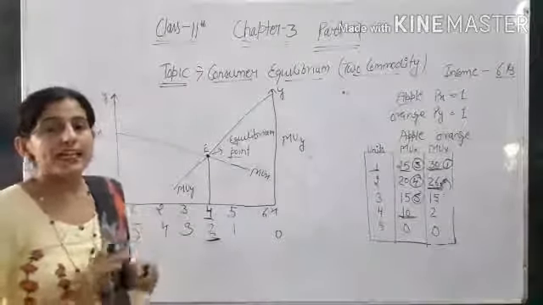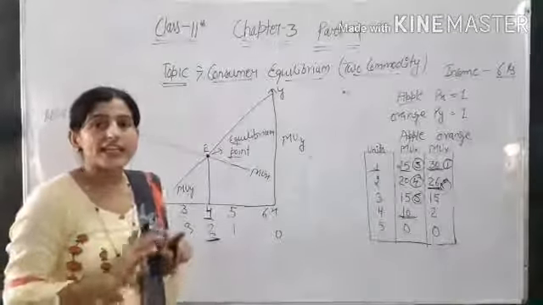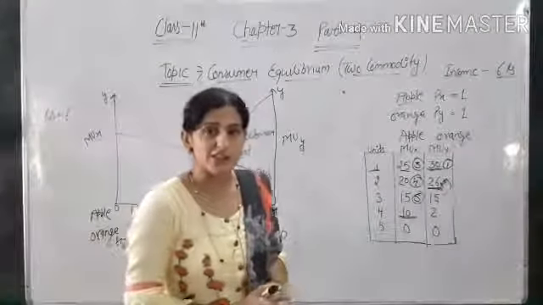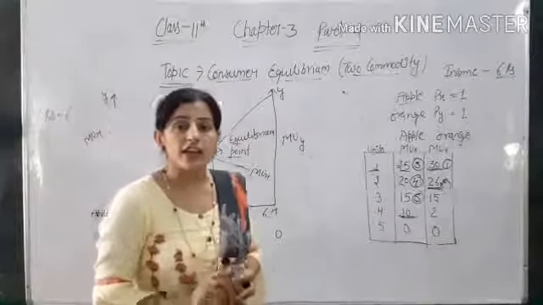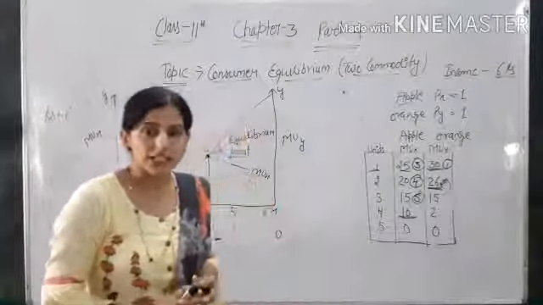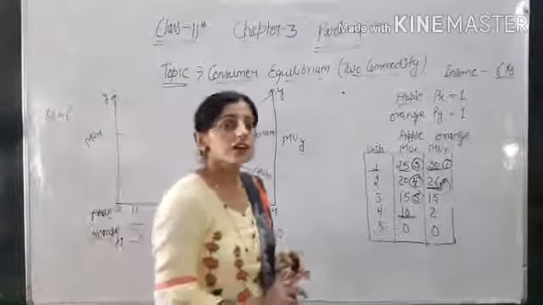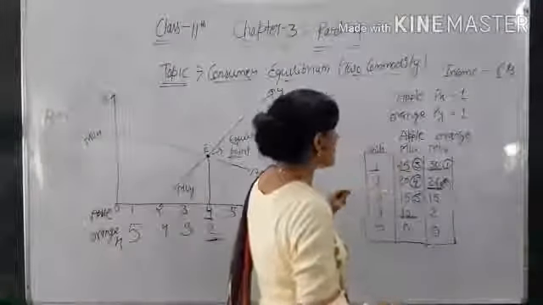So he will spend in a manner that he will get maximum satisfaction, and the last rupee spent on the good will give him marginal utility equal to the price of the commodity.